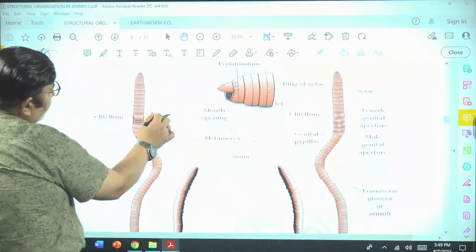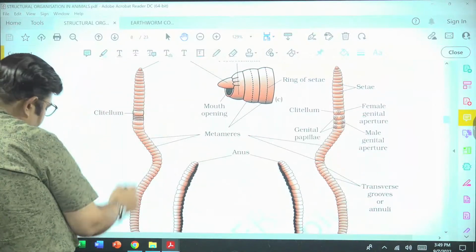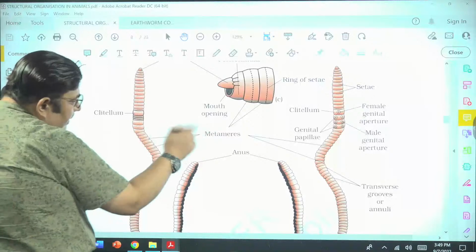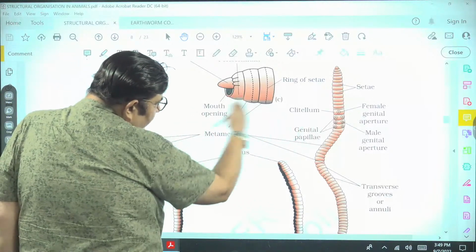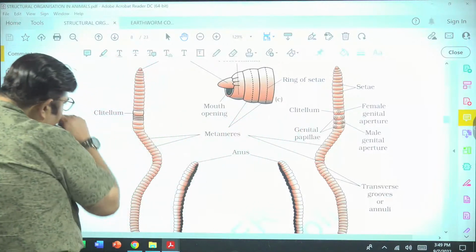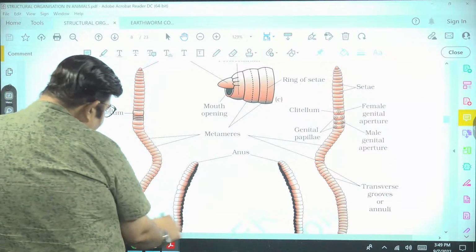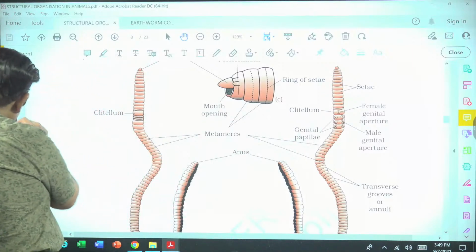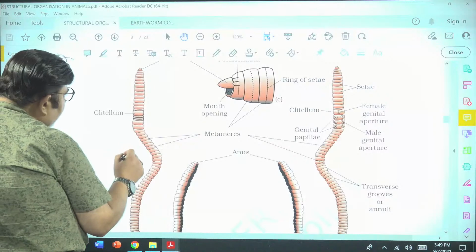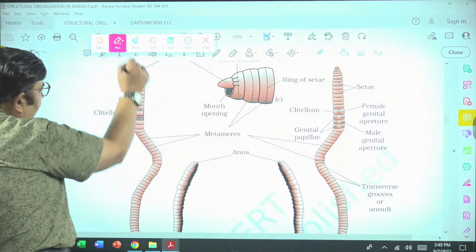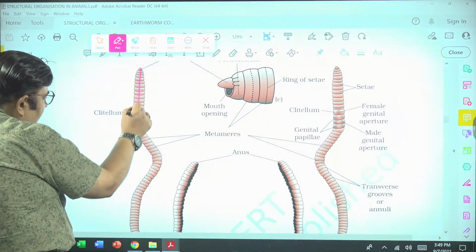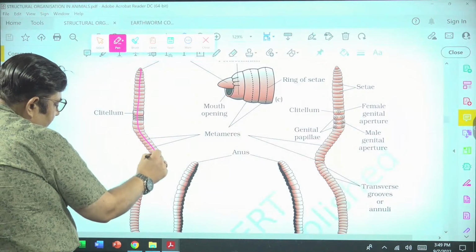In that diagram, what we tried to do was make the line, but it was a mistake because lines were there on both surfaces. So this is a dorsal surface, and on the dorsal surface you can make out a mid dorsal line, and the mid dorsal line is the dorsal blood vessel.